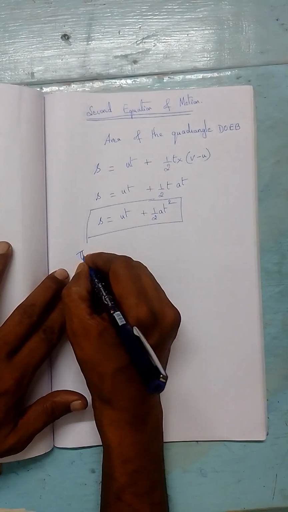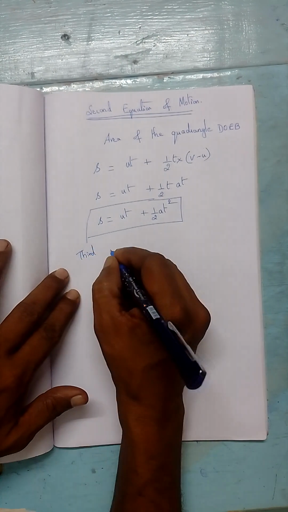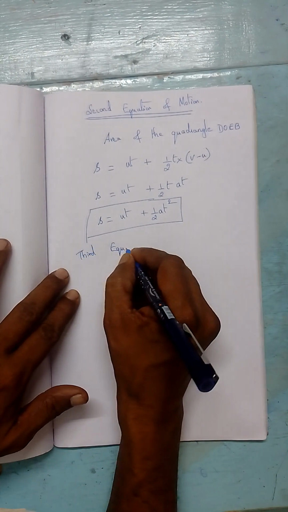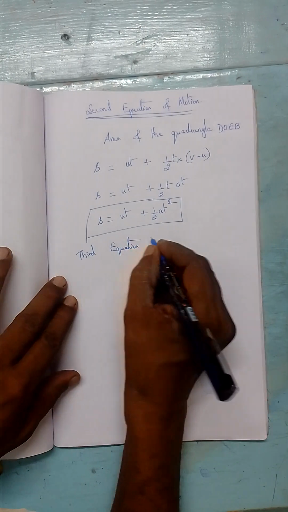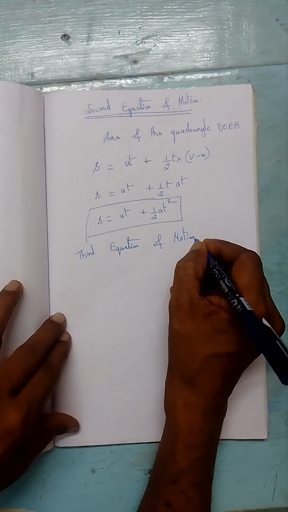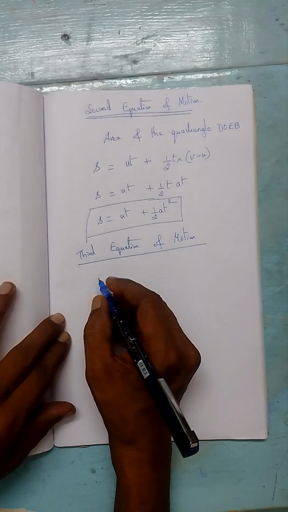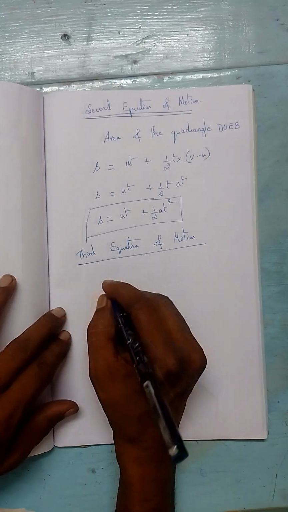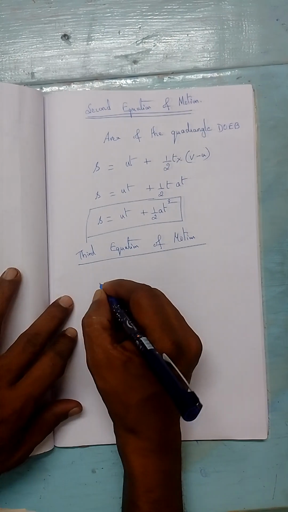Now, the third equation of motion. For the third equation of motion, we have to find the area.